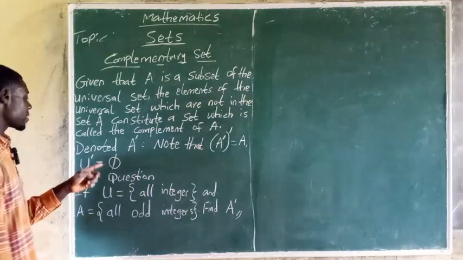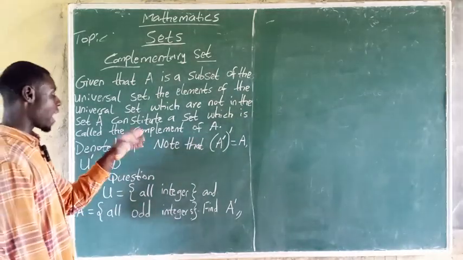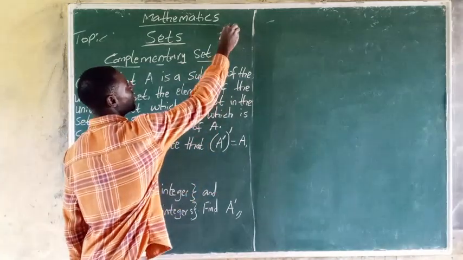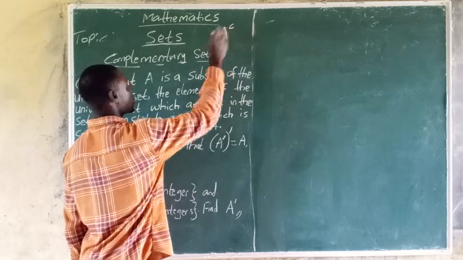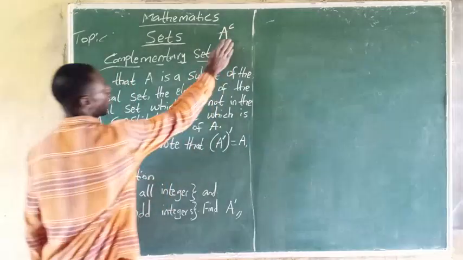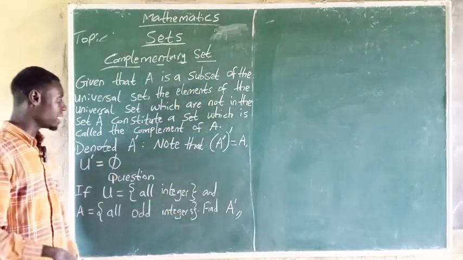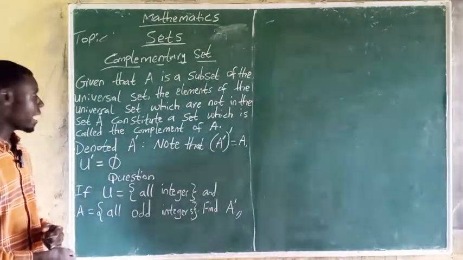It is denoted as A prime. In some cases, you can see it as A complement, A^C. If you are reading other books, you can see it that way; it still means the same thing. So I'll be using A prime here.